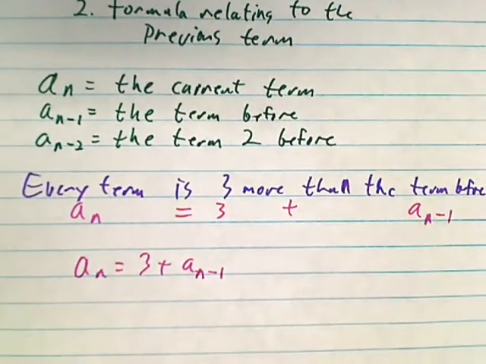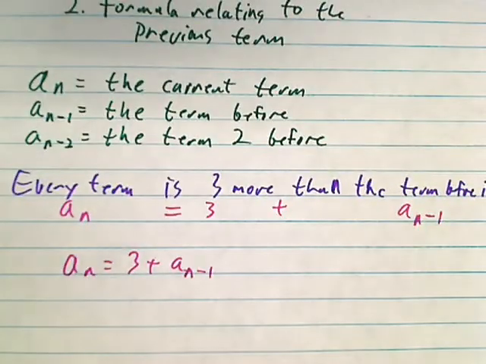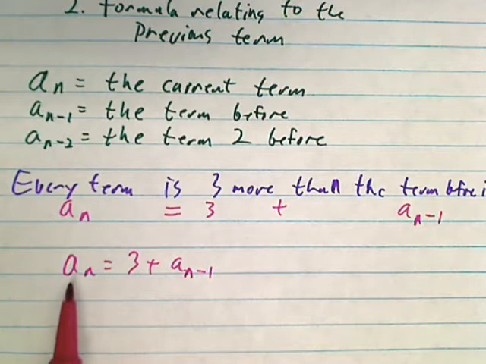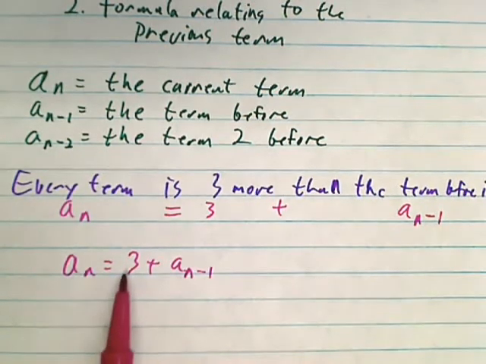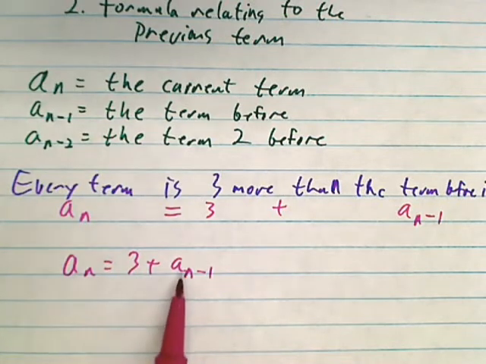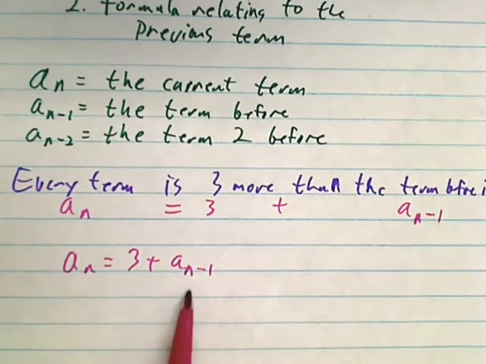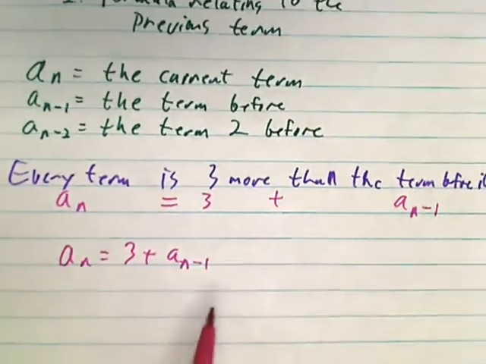This is the mathematical way to say how each term relates to the previous term. Each term is 3 more than the term before it. That's kind of cool. So you're just substituting those words in for the a sub n and the a sub n minus 1.